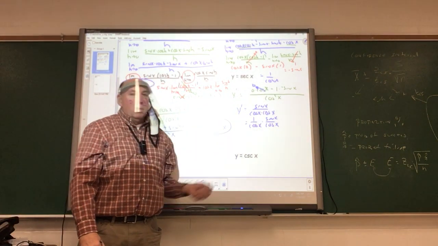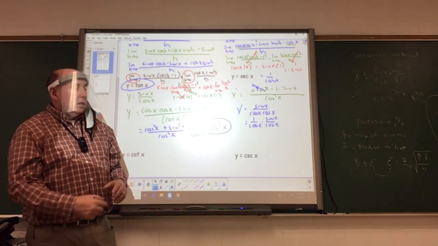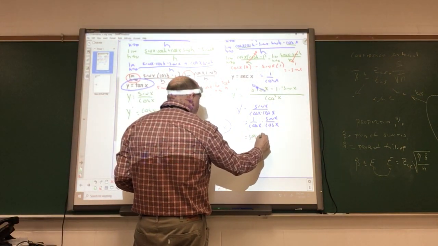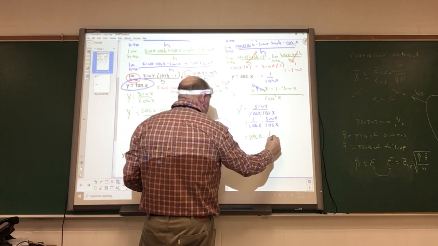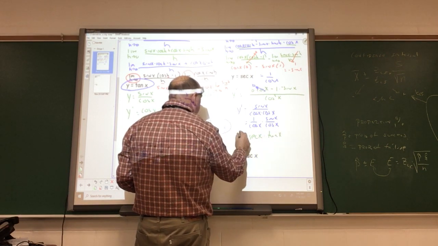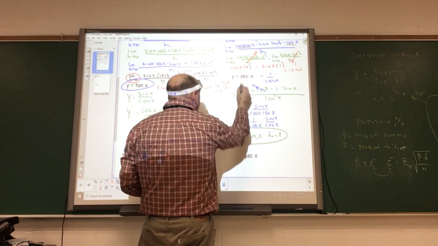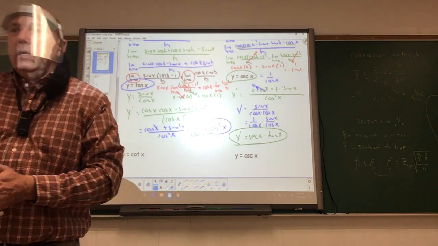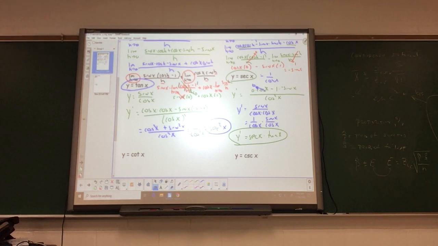Just breaking apart. 1 over cosine is secant. And this is tangent. So we're dealing with secant. The derivative of secant is secant tangent. Secant of x times the tangent of x.